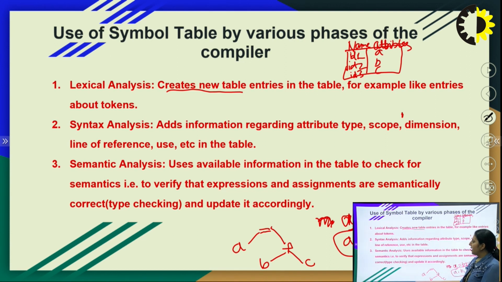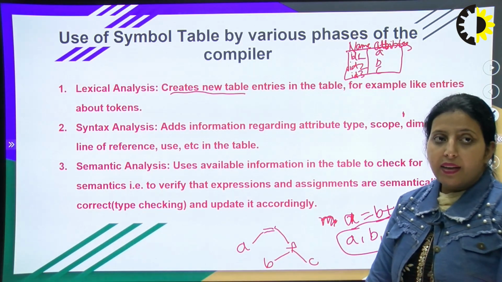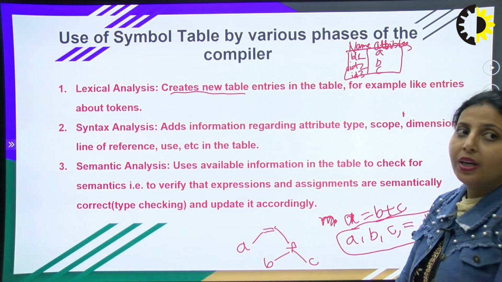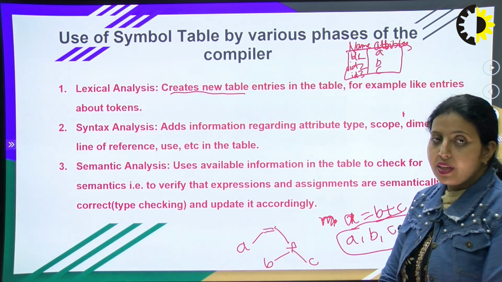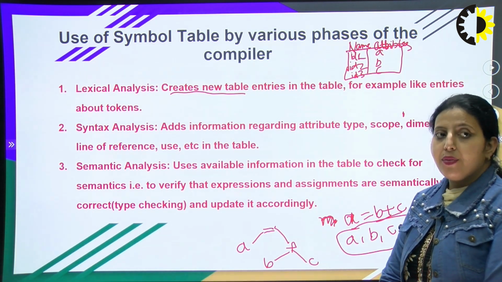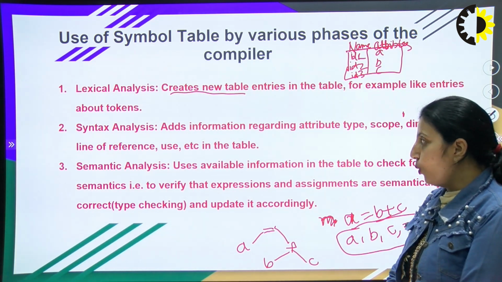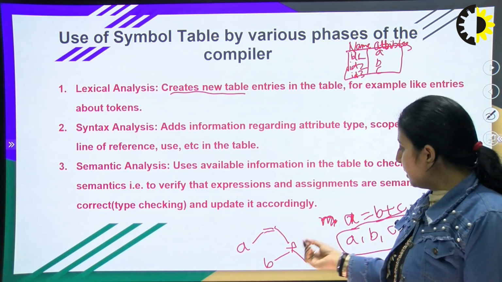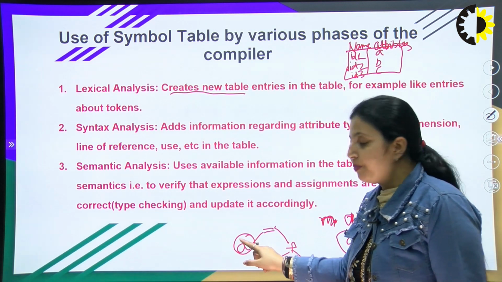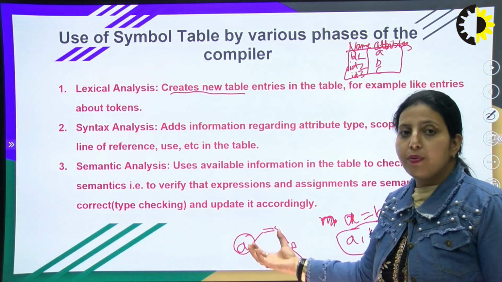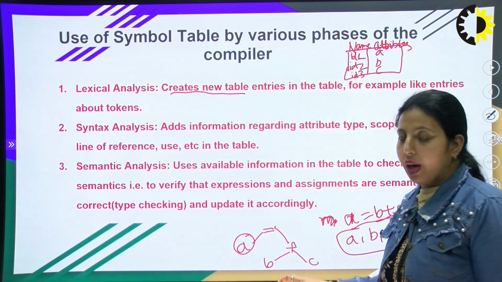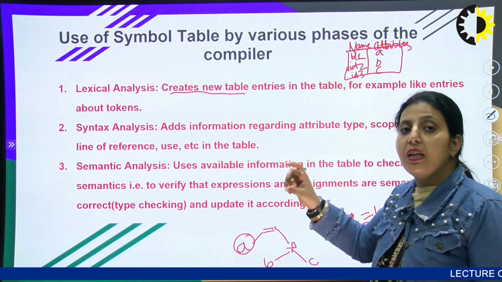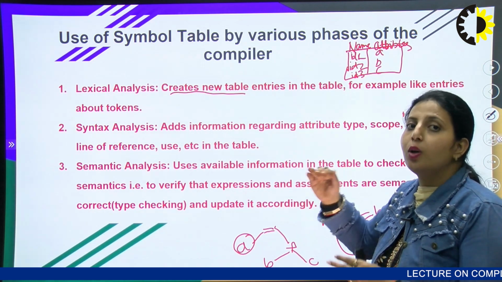The syntax analysis phase adds information regarding attribute type, scope, dimension, line of reference, its use, etc. in the symbol table. It means it adds the information regarding what type of attribute this is, and what the scope of this attribute is throughout the program, meaning whether it is a local variable or a global variable.